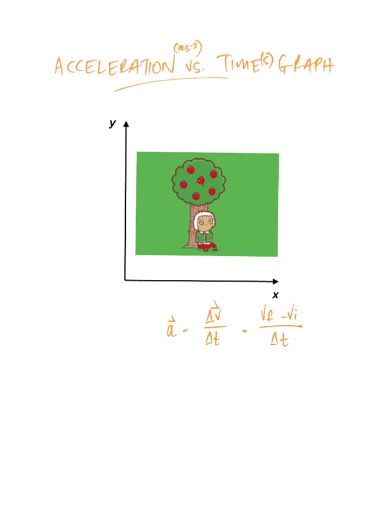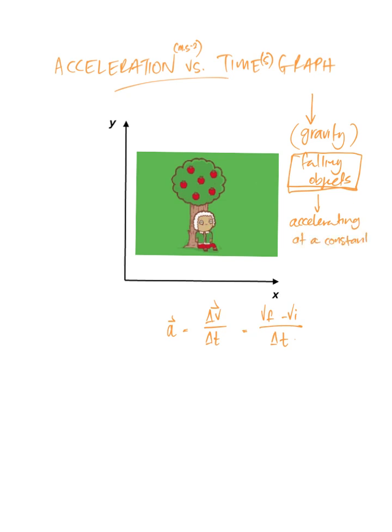So with this falling apple, I know that gravity plays a big role in falling objects, right? Now, when objects fall to the earth, we say they are accelerating at a constant value.